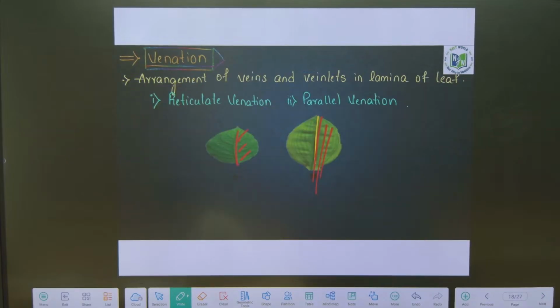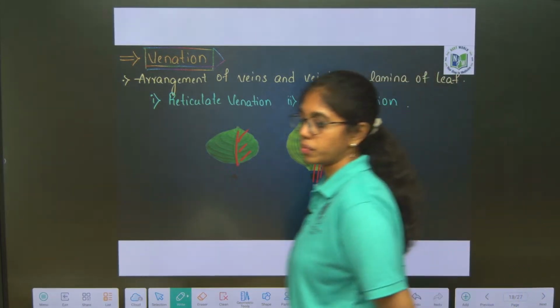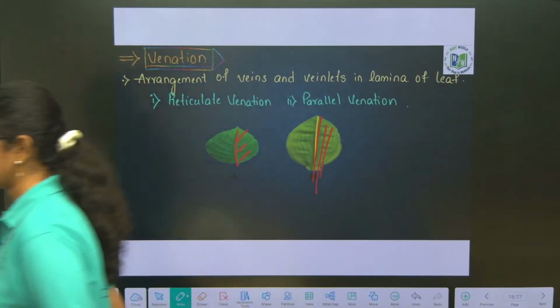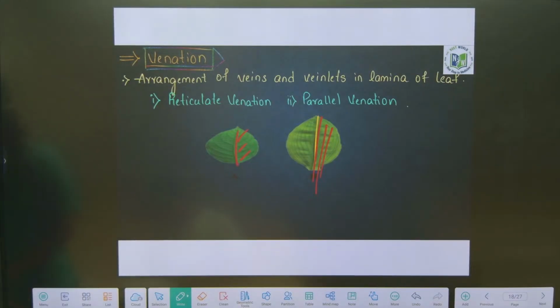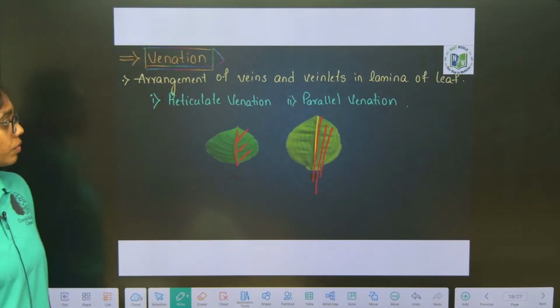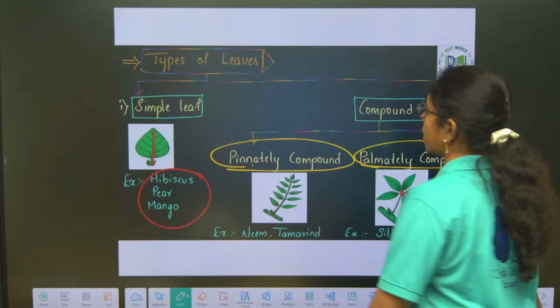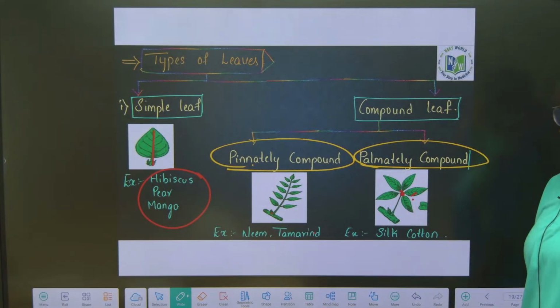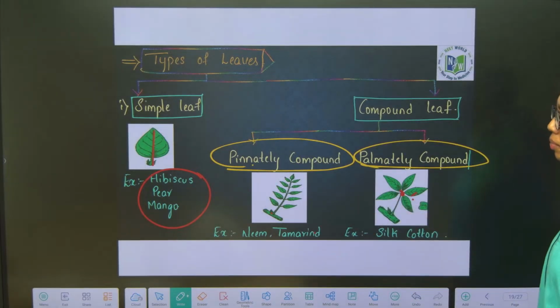Venation. This you can take like reticulate is for dicot, parallel is for monocots, and then types of the leaves you take down. Examples are enough here. Simple, pinnately compound and palmately compound.